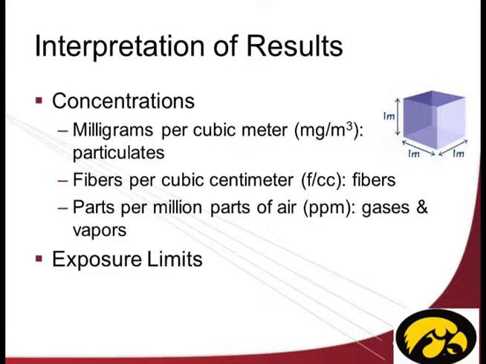And if you're looking at gases and vapors, typically you would be provided with a parts per million concentration, referred to as ppm. Once you have that information, then you would look at what the exposure limit is, so you can do a comparison to find out if you're above or below the exposure limit.